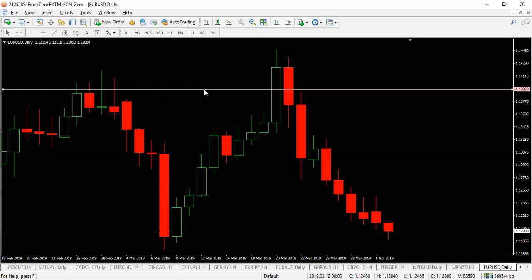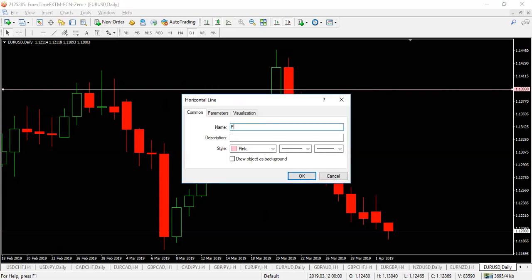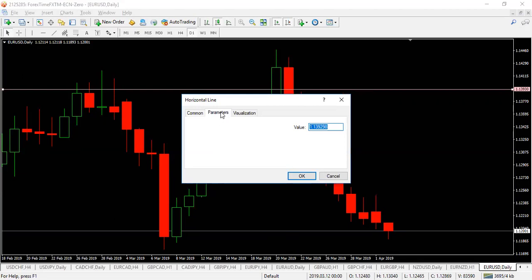You double click on it by highlighting, then you right click and go to the horizontal line properties. Then you can decide to call it monthly pivot. We have the parameters, so you put the value, 1.2288.